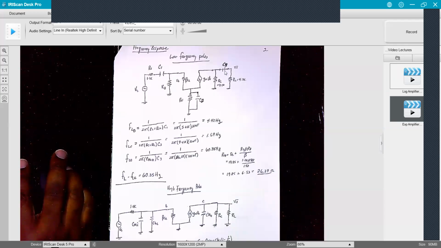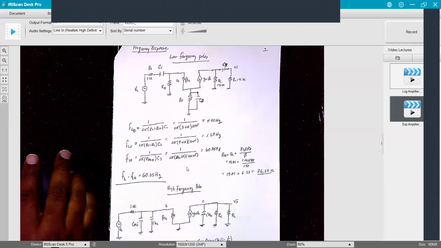The Thevenin equivalent resistance seen across this terminal is RC plus RL times C3, which gives us a pole location of 1.69 hertz. And then the last one here, the low frequency pole due to the emitter capacitor, is 1/2 pi R Thevenin as seen by CE.